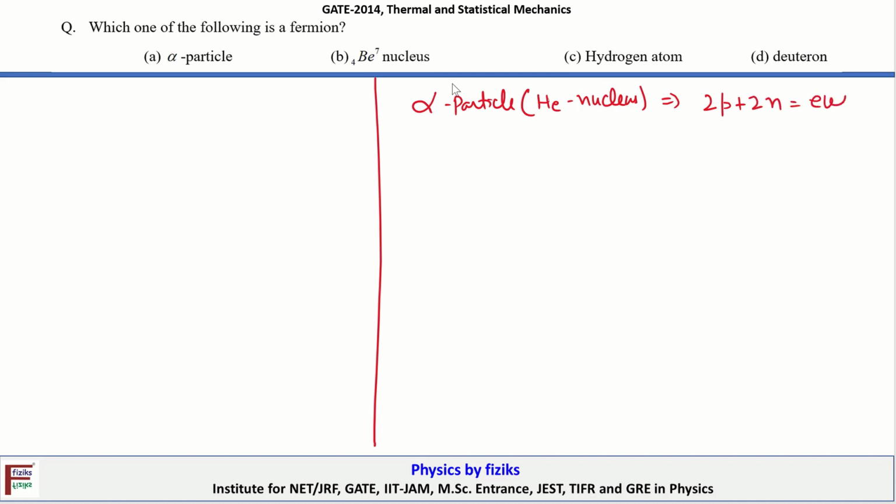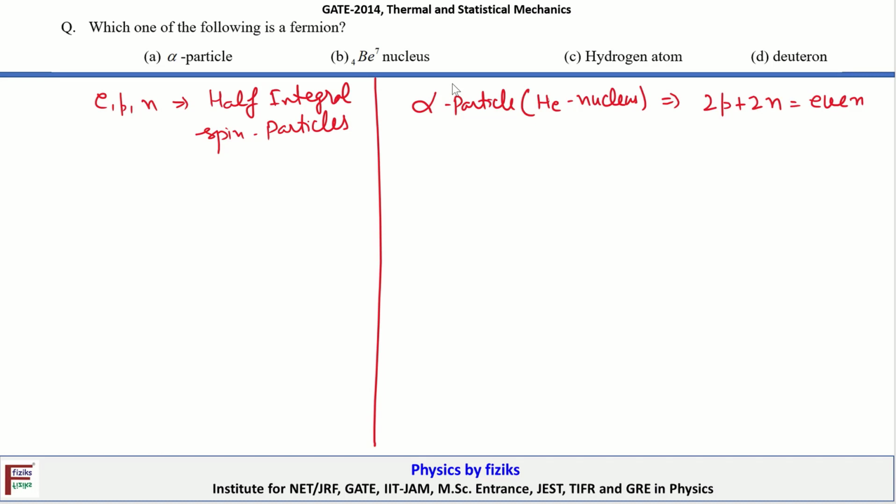and the sum of these nucleons is an even number, because protons, electrons and neutrons, all of these particles are half integral spin particles.